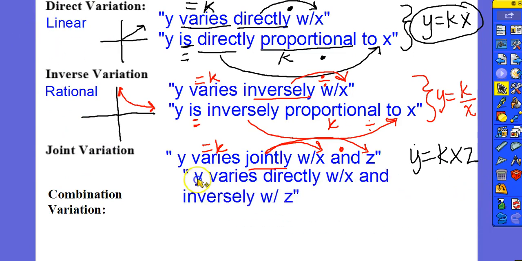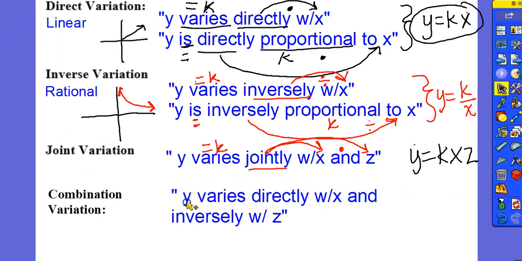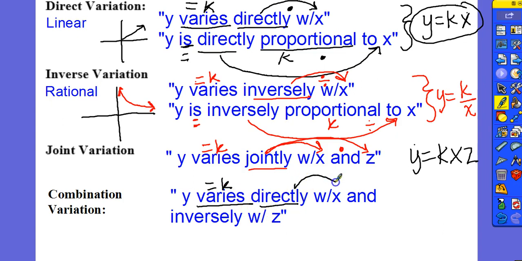I'll give you an example. This is not, by the way, the only example of a combination variation. This one's just a really basic one that says y varies directly with x and inversely with z. So again, you see that word varies. That means equals k. That tells you it's a variation problem. And then directly with x, that's multiplication.